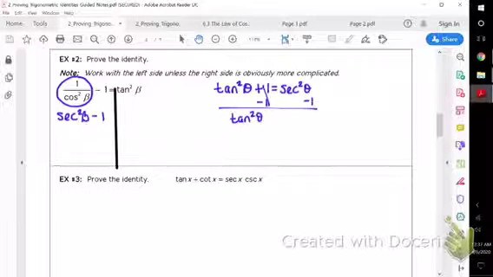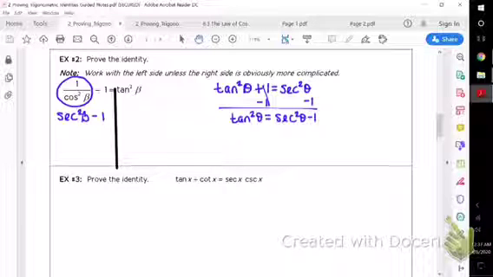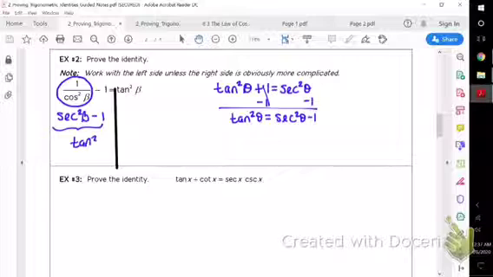And if you did, you should have tangent squared of theta equals secant squared of theta minus 1. Because remember, I told you when I see a trig function squared and a 1 together there, I'm thinking Pythagorean identity. So I'll look in that area first to see, do I have a formula like that? And I do. Secant squared of beta minus 1 then is going to be equal to tangent squared of beta.